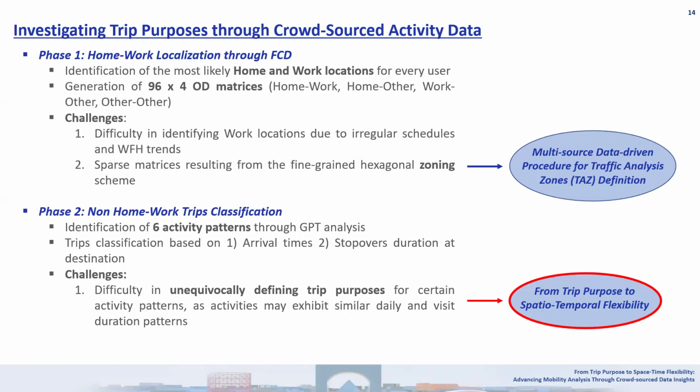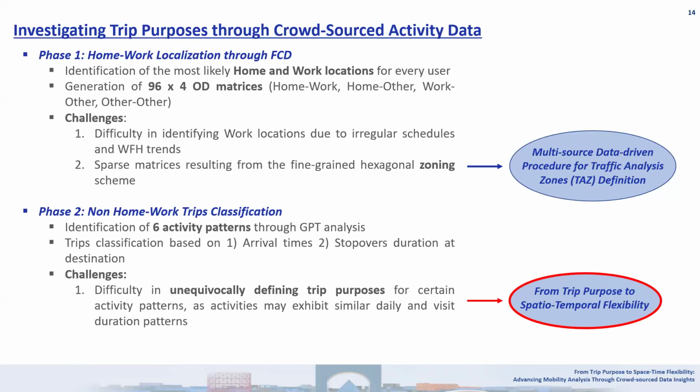So this was a presentation on how we use the same data that we used before, OpenStreetMap or floating car data, in aggregation with satellite imagery, in order to obtain a more coherent and more suitable traffic analysis zone system for our study area and for the objective of our study.